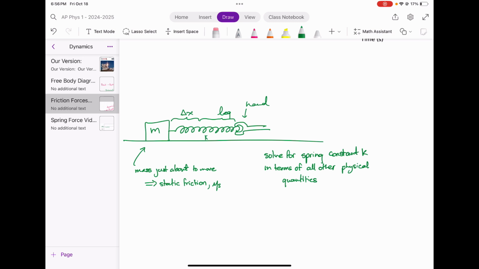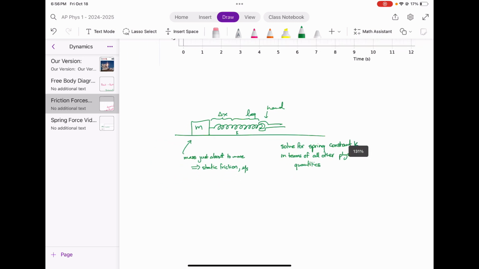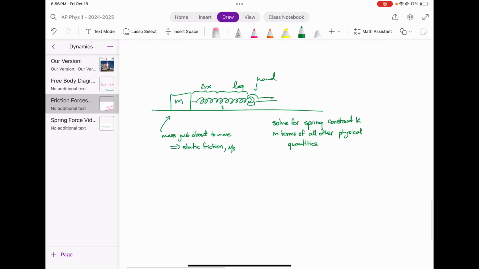Okay, this looks like a very complicated problem, but just take it one step at a time. That's the best way to do physics. What is the next right thing to do? Well, I know that there's forces involved, so a good starting point would probably be a free body diagram. Let's draw all the forces for the mass. It's just about to move, but it's at rest, so this free body diagram should be balanced.